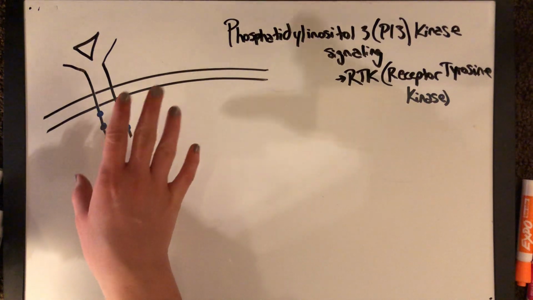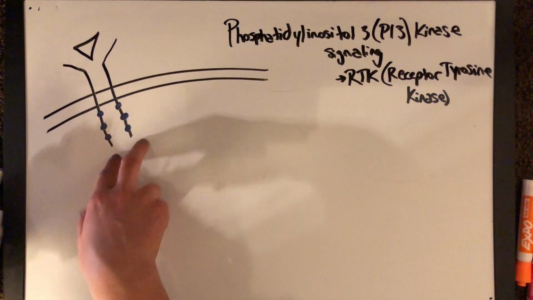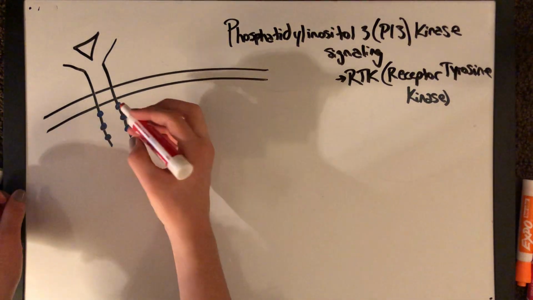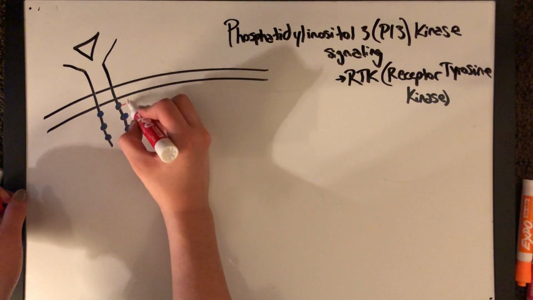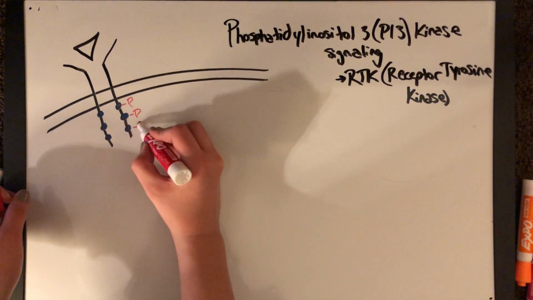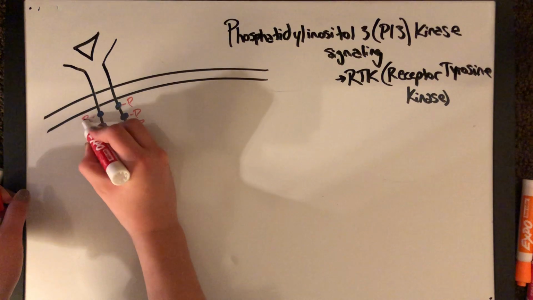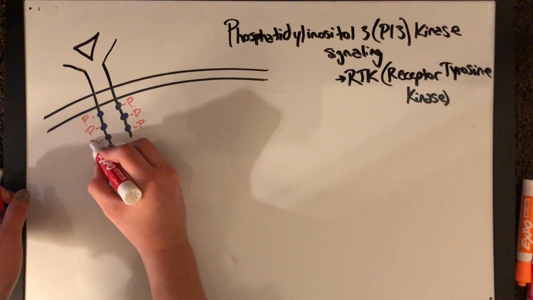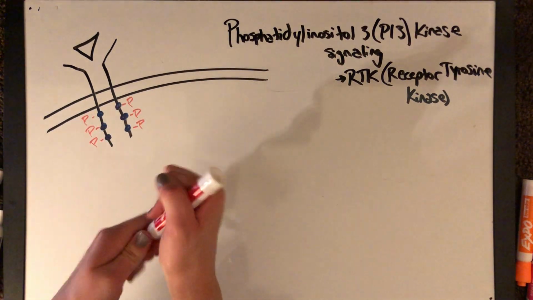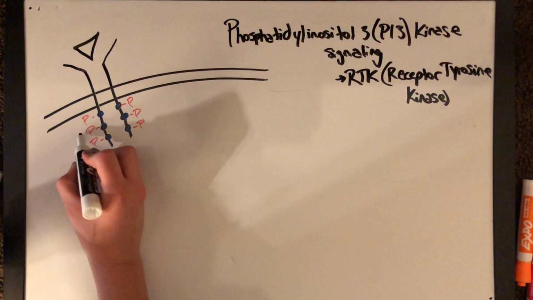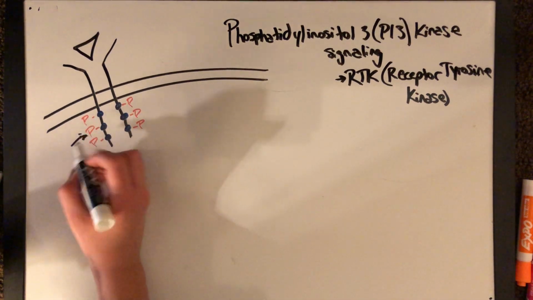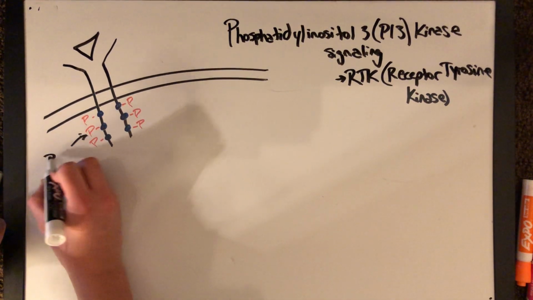There's kinases within the receptor that will add a phosphate to each of those tyrosines, forming phosphotyrosines. So these are phosphotyrosines.